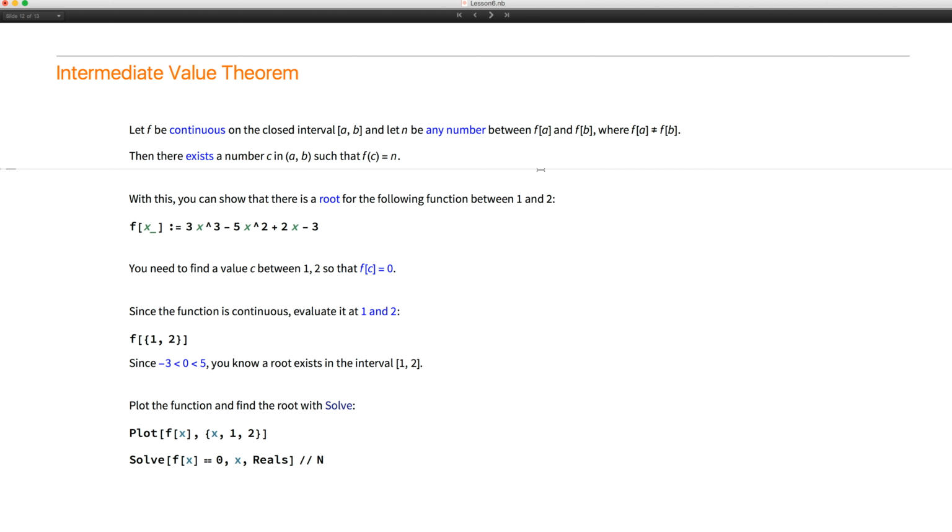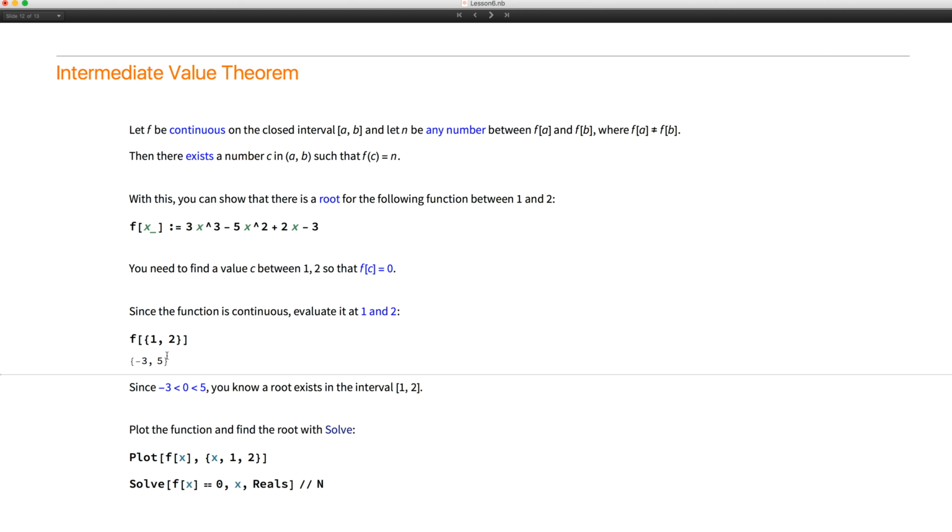So let's try and find the root of this rather complicated looking polynomial, f of x. It's a cubic polynomial. Now you want to find a root between 1 and 2. So what you do is, you first of all evaluate at 1 and 2. You find that it's negative here. It's positive there. So because the function is continuous, and because 0 lies between those two numbers over here, there must be a root in the interval.